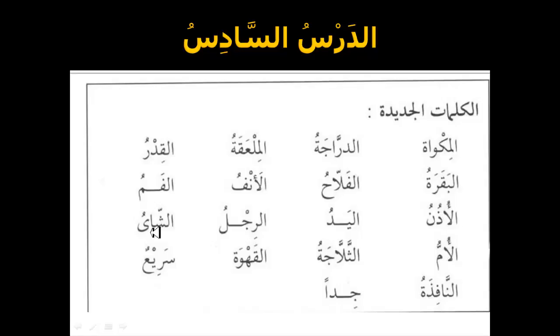Ash-shayu, this is tea. Alright, and listen, when you say shay, this is tea. When you say shay', listen to the difference. Shay', this is a thing. Shay', there's a hamza at the end and it's cut quickly. Shay, this is tea. Alright, al-ummu, the mother.